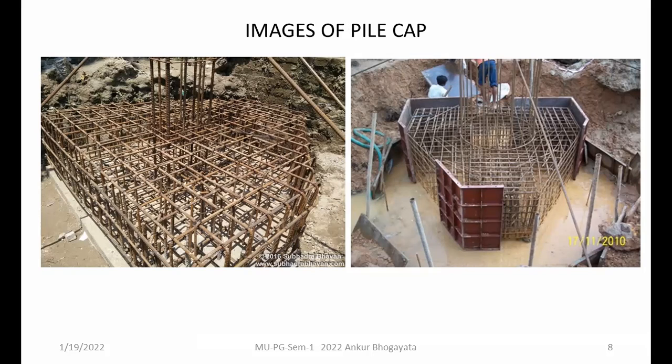However, the number of columns is only one here, but in the bottom there may be at least three piles. Because of the shape itself, we can understand how many piles are minimum provided. So here it is provided in a kind of box like structure.